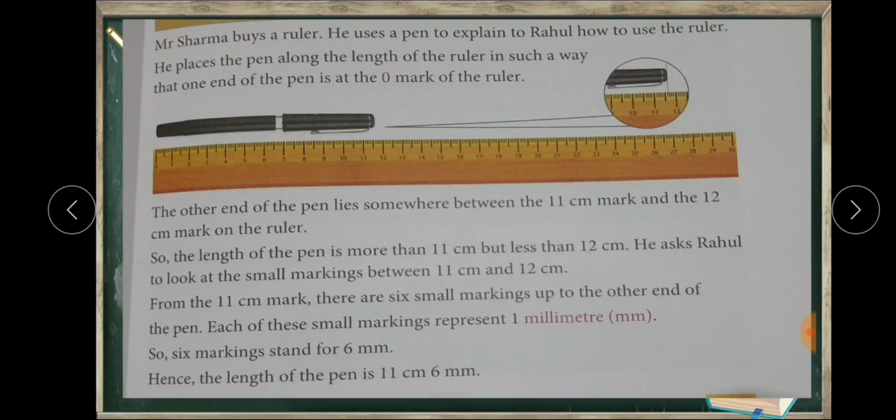We learned that each small marking represents 1 millimeter. So we can say the length of the pen is 11 centimeter and 6 millimeter, because after 11, when we count, we find there are 6 small lines. So 11 centimeter and 6 millimeter.